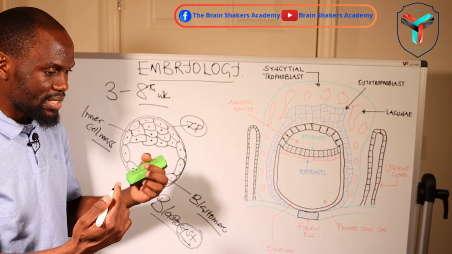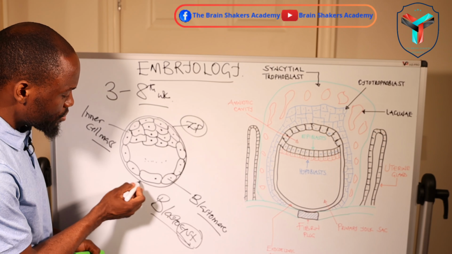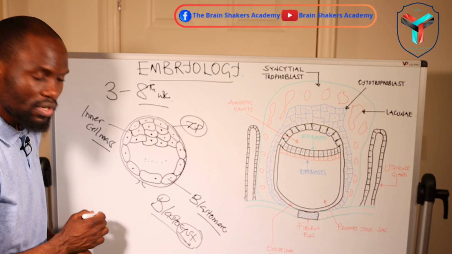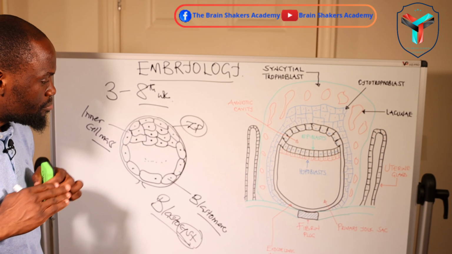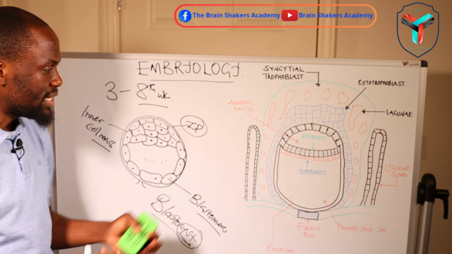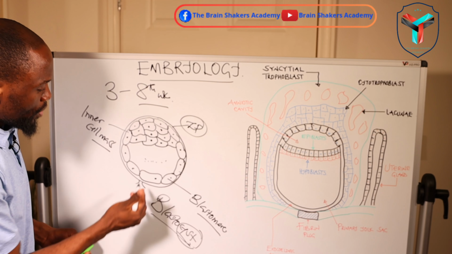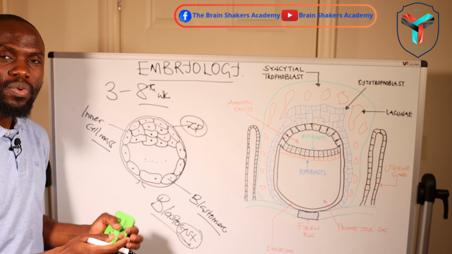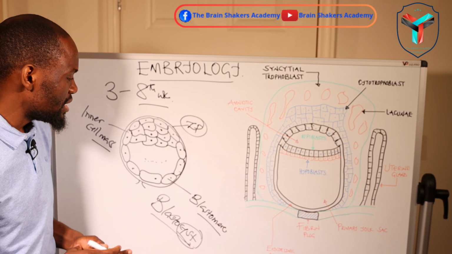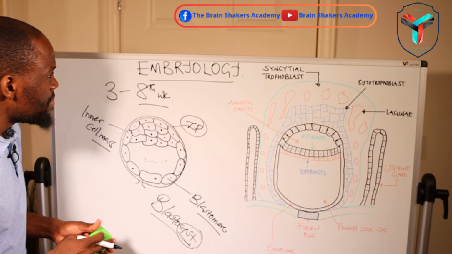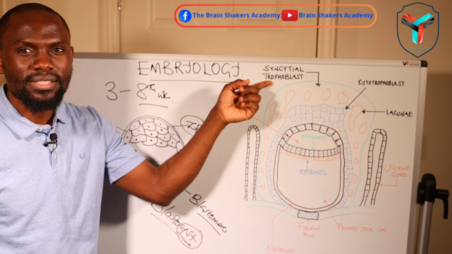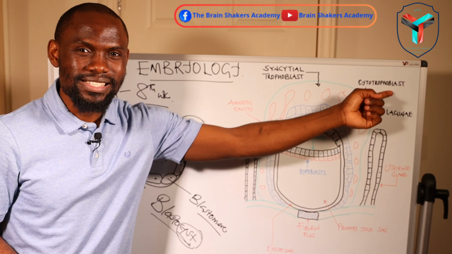And as it increases in size, it will have to hatch from the zona pellucida. So it breaks out of the zona pellucida and then gains access to the endometrium. Now, what was the trophoblast is going to develop into 2 main layers, which we call the syncytiotrophoblast and the cytotrophoblast.